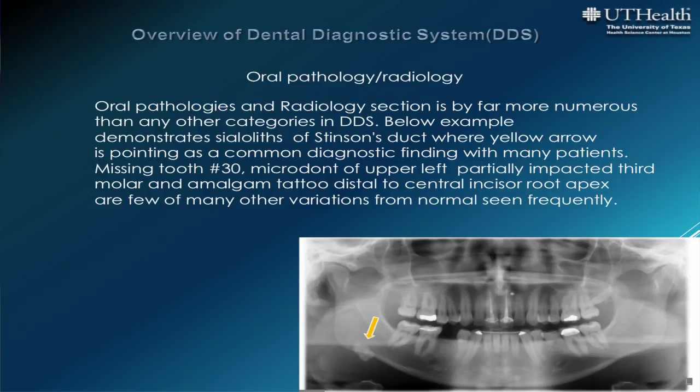Missing tooth number 30, microdont of the upper left partially impacted third molar, and amalgam tattoo distal to the central incisor root apex are a few of many other variations from normal seen frequently.